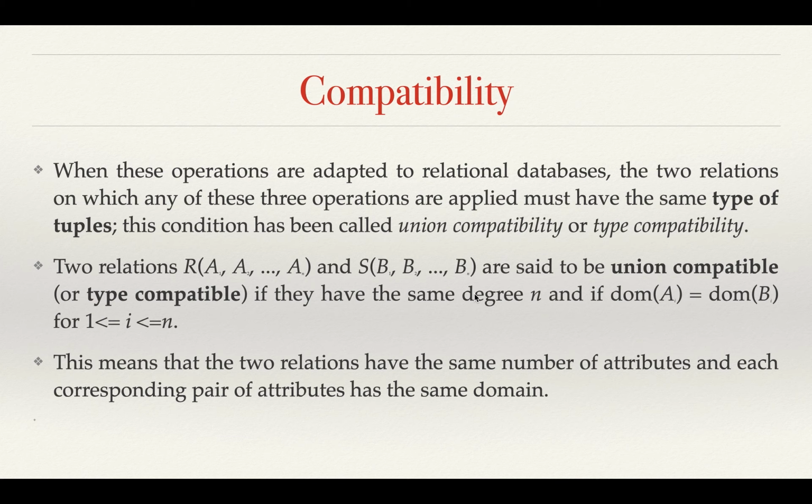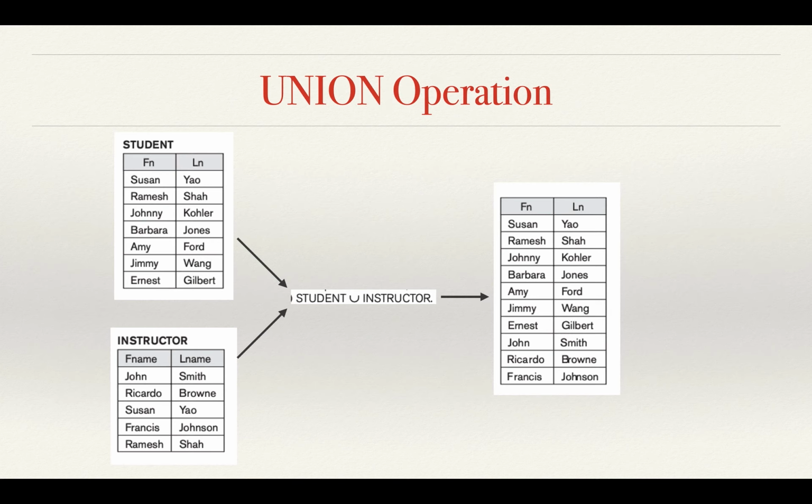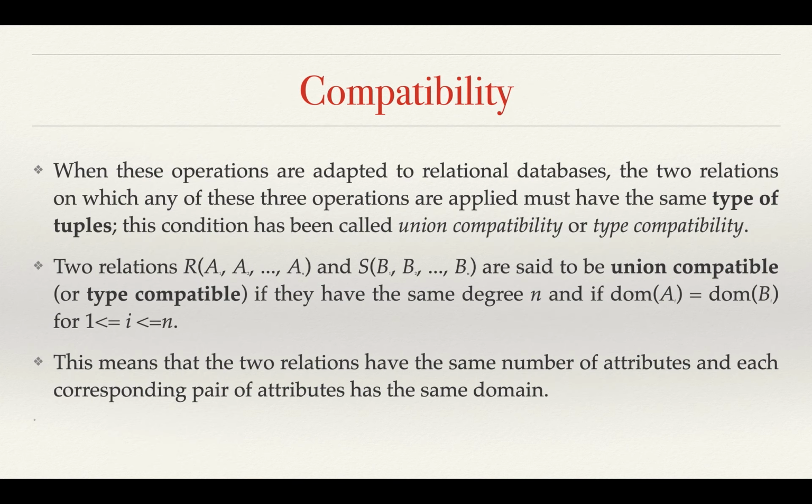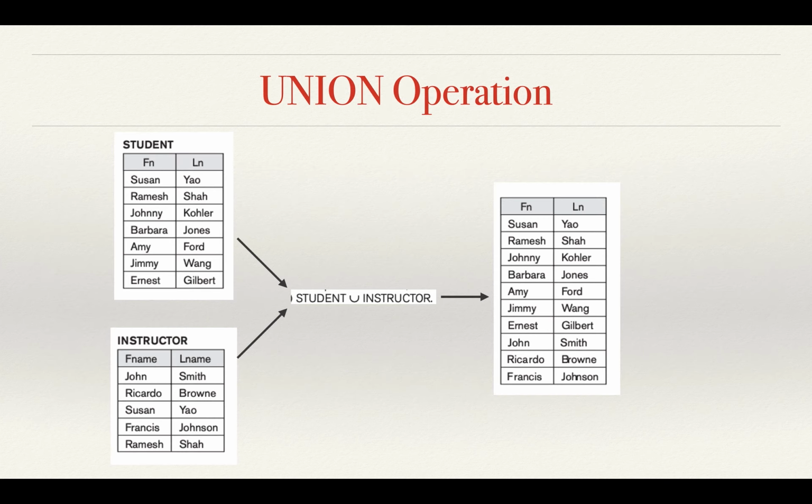This means that the two relations have the same number of attributes and each corresponding pair of attributes has the same domain. Once this compatibility is satisfied, only then can we apply the set operations.